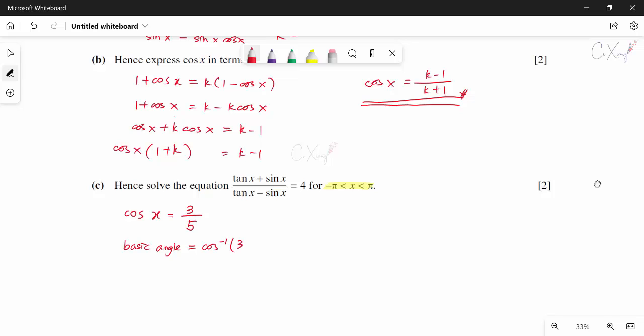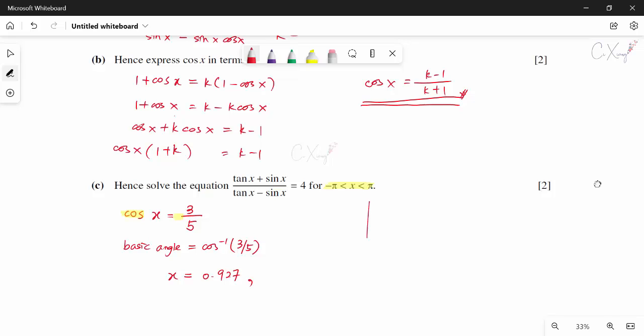3 over 5. Okay, and then to find the value of x, for cos positive, we accept the answer from the first quadrant. So from the first quadrant, it will be 0.927 in the unit of radian.